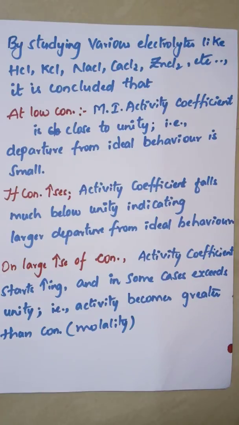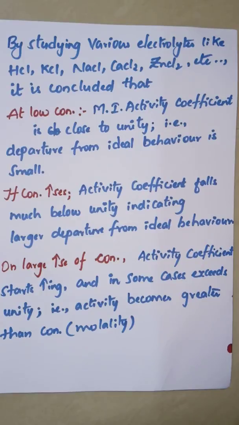If concentration increases, let's say there is a little increase in the concentration, then the activity coefficient falls much below unity, indicating larger departure from ideal behavior. Once it is below unity, it means there is a deviation from ideal behavior. On larger increase of the concentration, the activity coefficient starts increasing and in some cases exceeds unity.